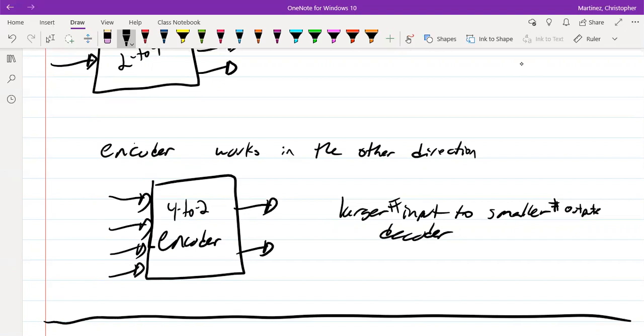The other way it could be used is if we had a mechanism to count how much money has come into a vending machine. The inputs might be a nickel, a dime, a quarter, a dollar. Those are 4 separate inputs, but we want to get it down to 4 combinations with just 2 bits. So we can use an encoder in that sense.